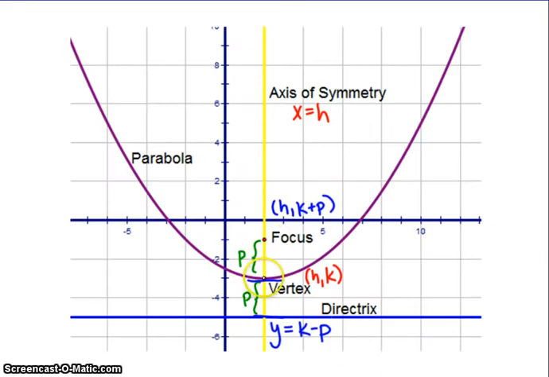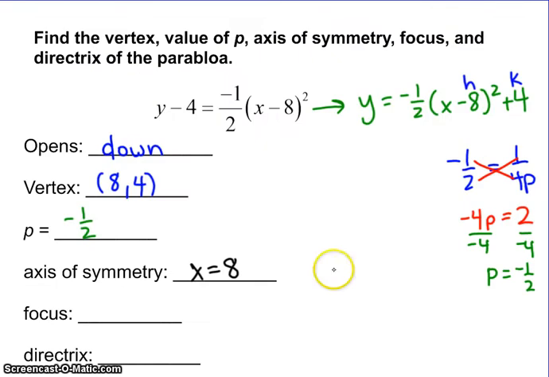Remember that the focus, you're going to add p to the y value of your vertex in order to go up to the focus. So it's going to be h comma k plus p.